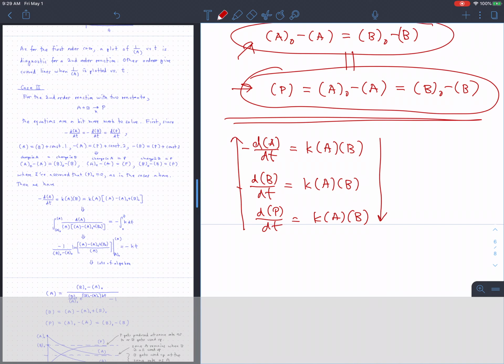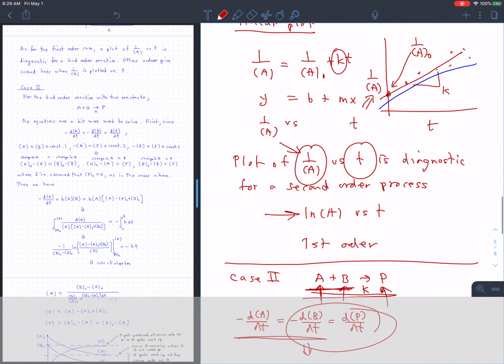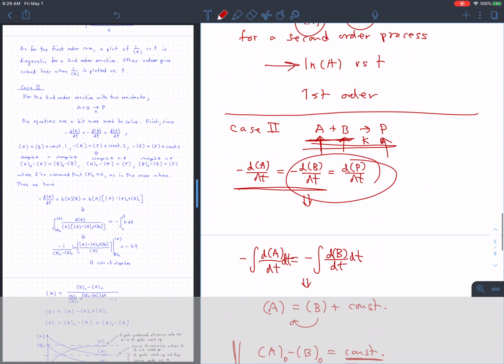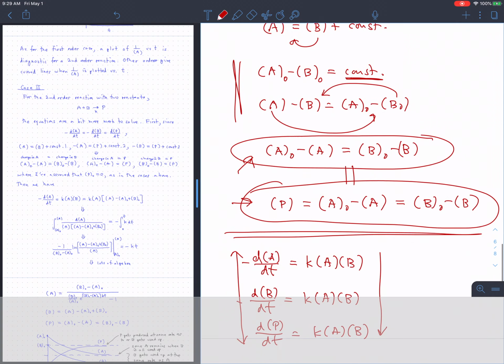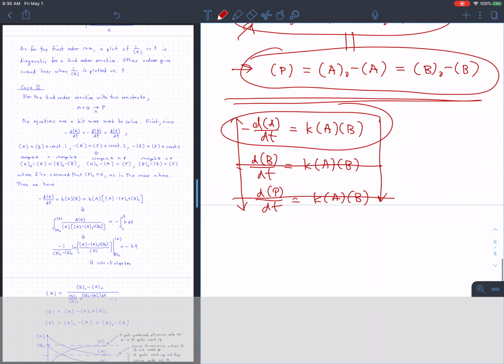This set of relationships is the set of relationships that we had up here. So we're just repeating what we've already done. That means we can ignore these two. Let's just focus on this one and solve it.